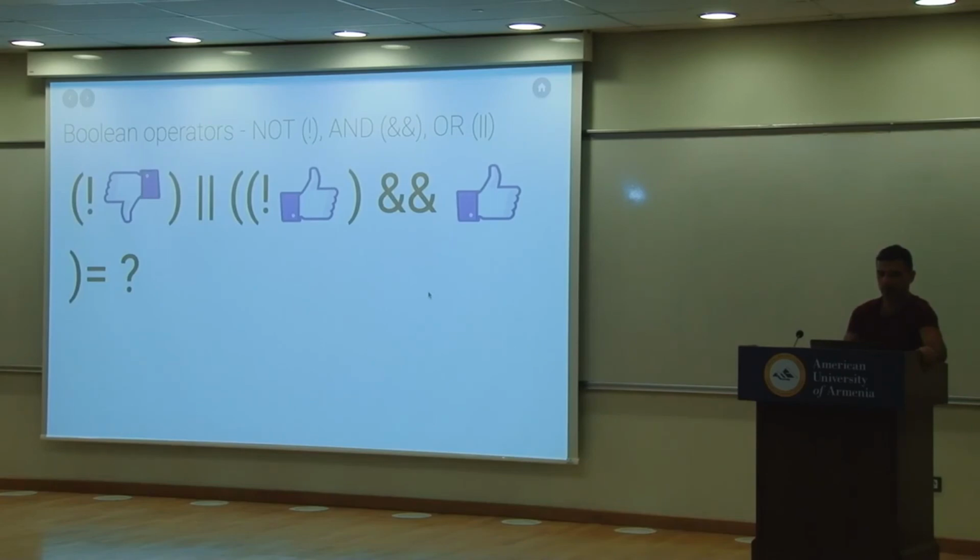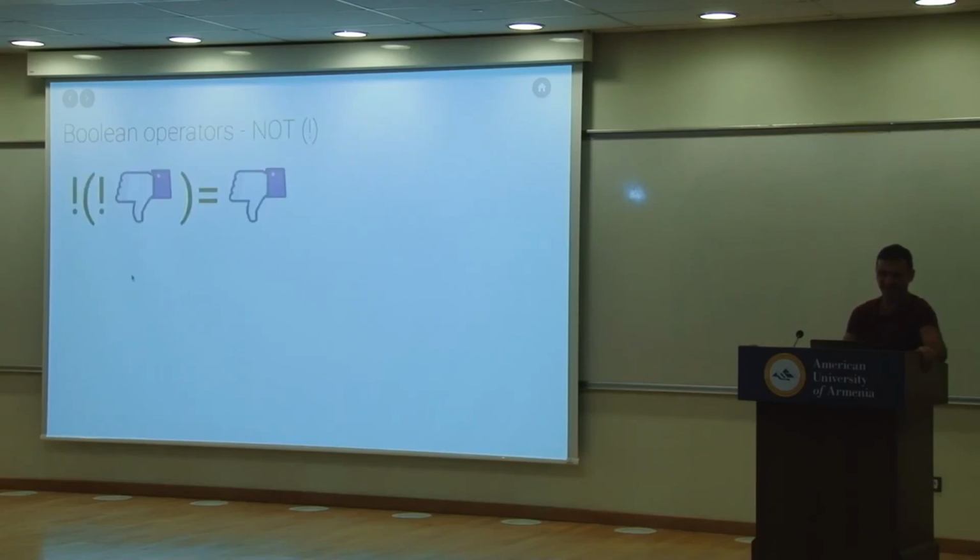Okay, what's this one? We flip this one. This becomes true. We flip this one. This becomes false. This, therefore, is false. True or false is true. Okay, this is interesting. You can do this as much as you want.